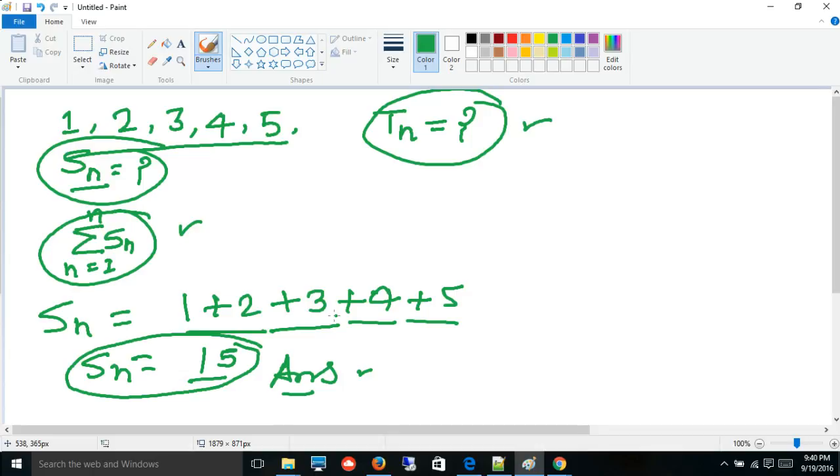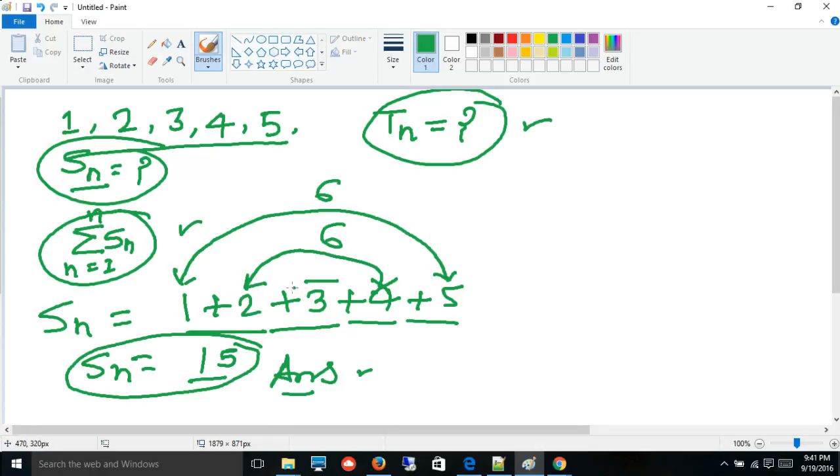Here, I'm just concentrating on this series only. If you notice one point, the sum of this and the last number, how much is it? It's 6. The sum of the second and second last is also 6, and whatever is left here is just a 3.